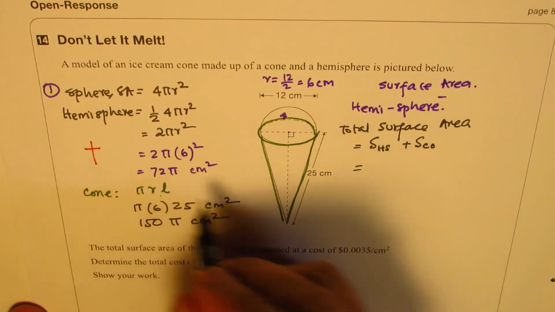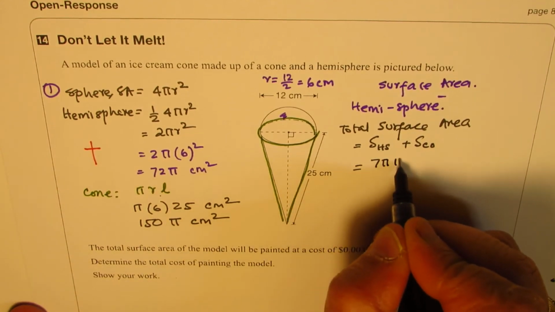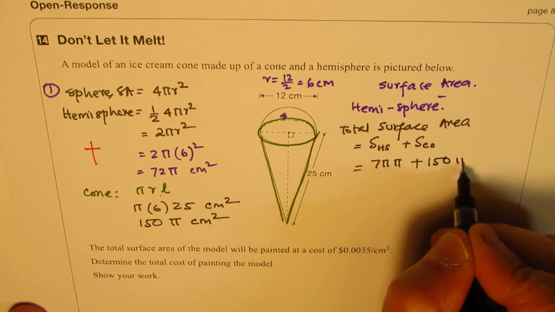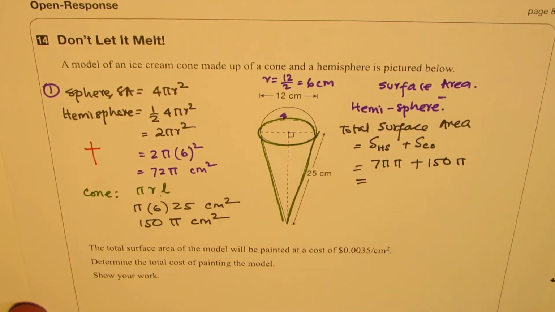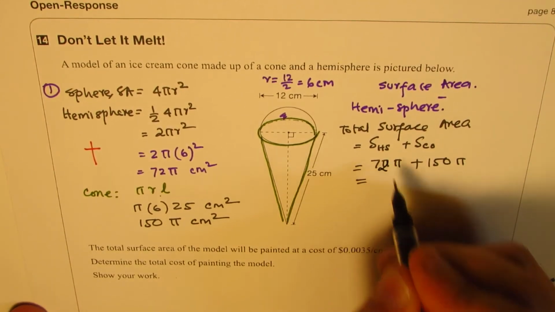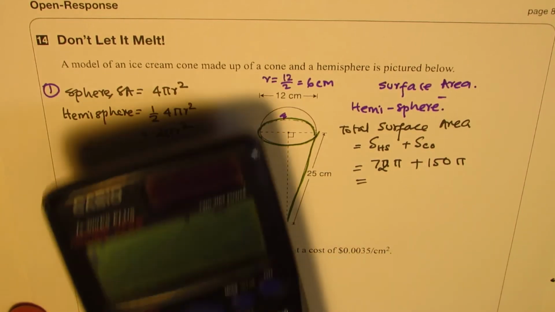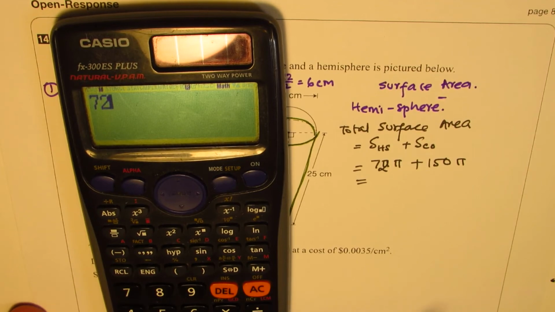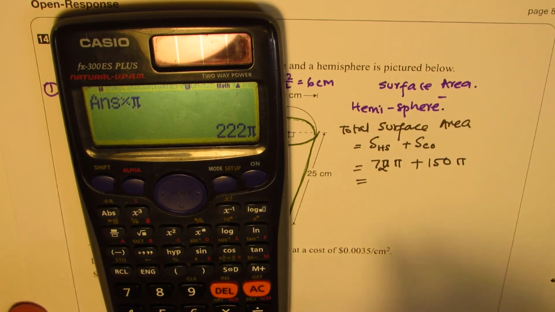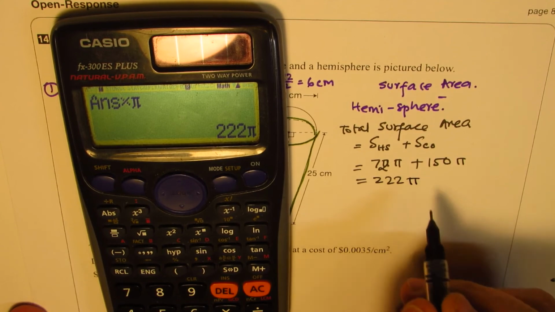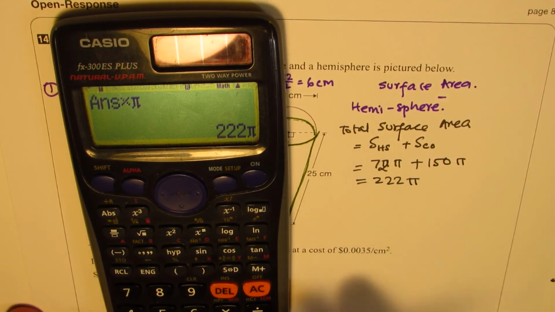For hemisphere, we got 72 pi, and for the cone, we got 150 pi. So let's add them up. We'll add 72 plus 150 and then multiply by pi, which is 3.14. So it gives you 222 pi. So that is the surface area.